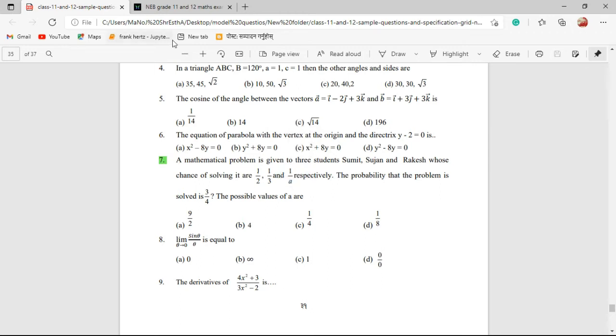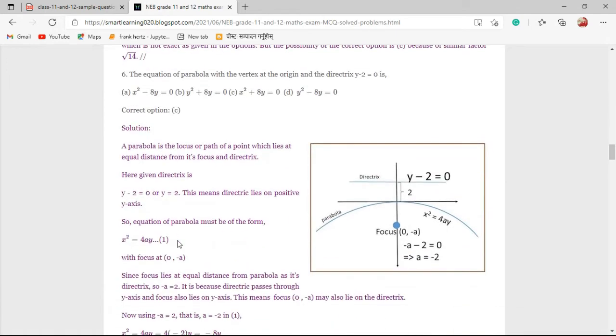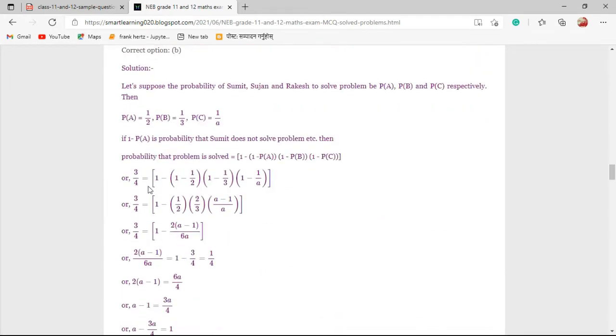Okay, if you go to the site and have a glance at the solution, see I defined PA, PB, PC as the probability of Sumit, Susan and Rakesh solving the problem. So I wrote the values as this.